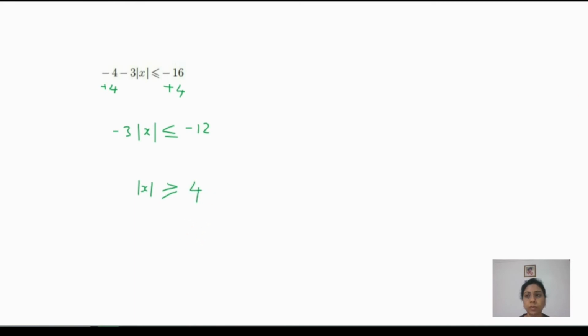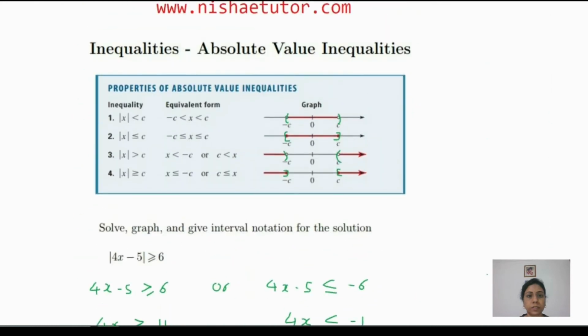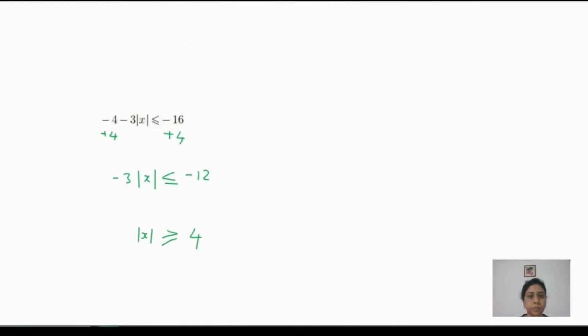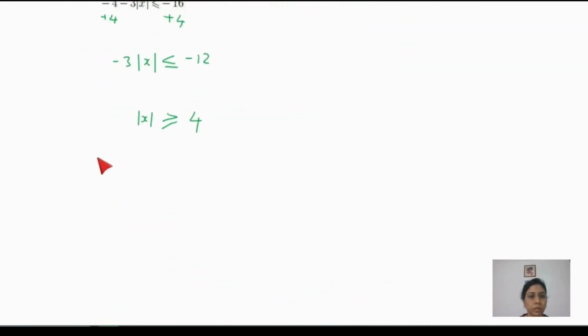Which type of inequality is this? This is the fourth one, right? So an or sentence: x is greater than or equal to 4 or x is less than or equal to negative 4.